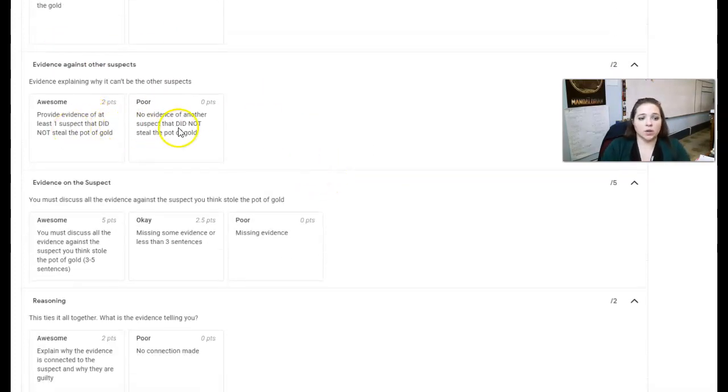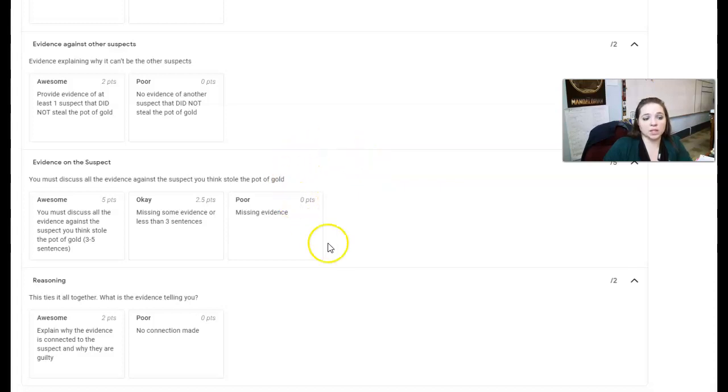Evidence against the other suspects. So provide evidence. It says at least 1 suspect. You have 3 other suspects. So you've got to tell me why they didn't, like the evidence excludes them. Or you get 0 points because you just didn't tell me an alternative or why they could not be considered. And then you have evidence on the suspect.